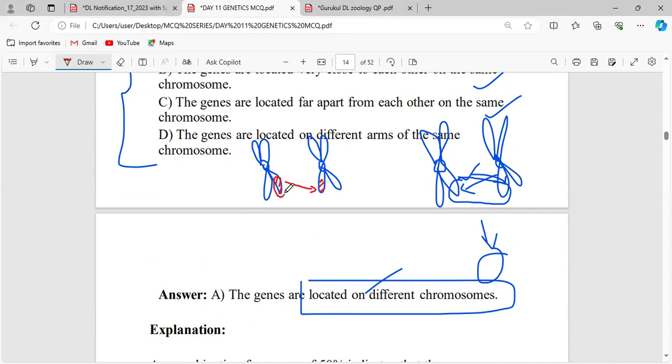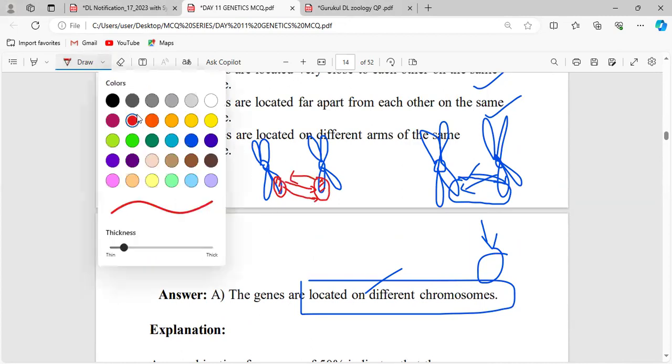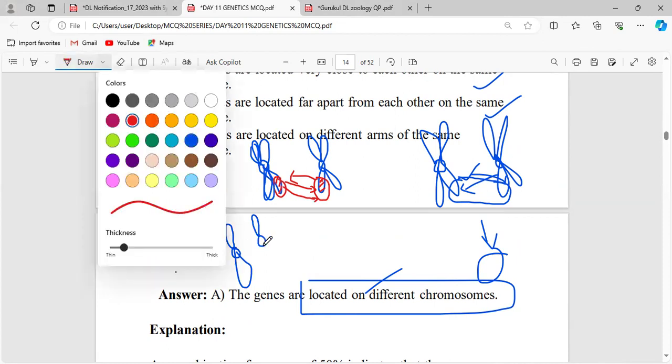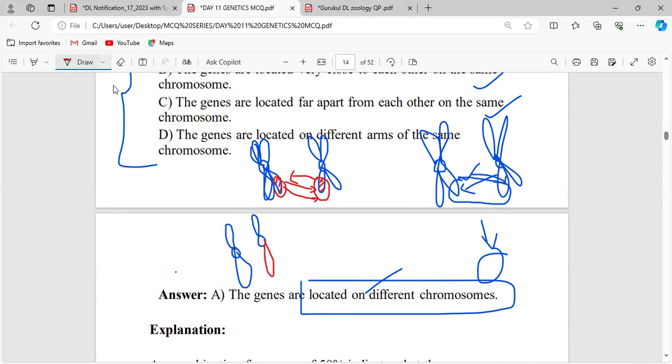The genes present in this chromosome will go here, and the genes present here will come here. See how the genes are segregating. This is the combination where no recombinants are present, but here we have recombinants.